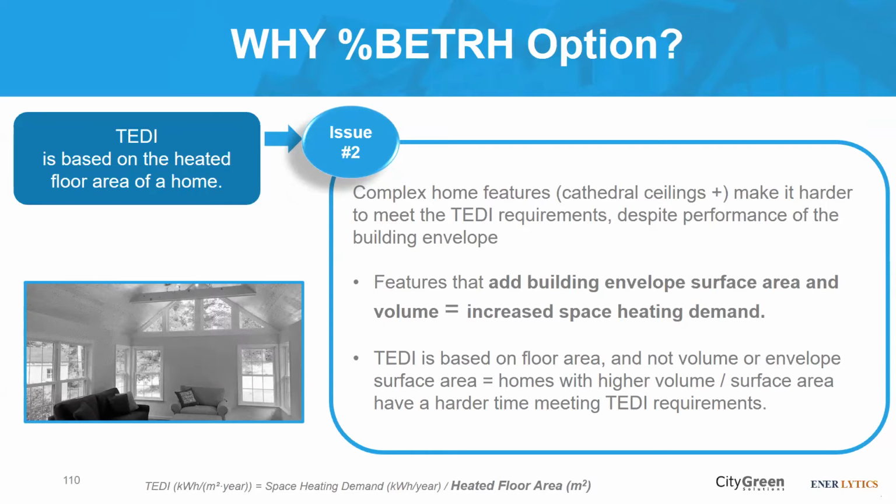So again, TEDI is space heating demand, kilowatt hours a year, divided by heated floor area. But if we have a building with a lot of extra volume, increasing space heating demand, it can be more challenging to meet this intensity metric of the TEDI.